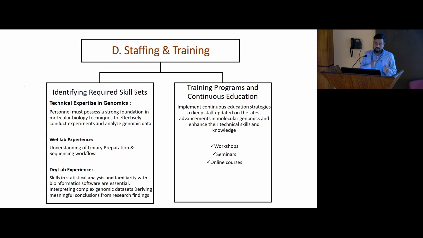The person employed needs to understand library preparation and the sequencing workflow. For dry lab work, bioinformatics experience is required, and a continual training program and education is required in terms of workshops, seminars and online courses.